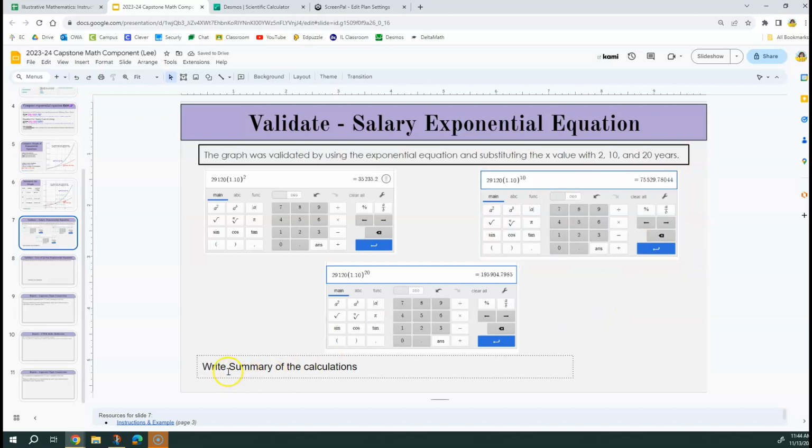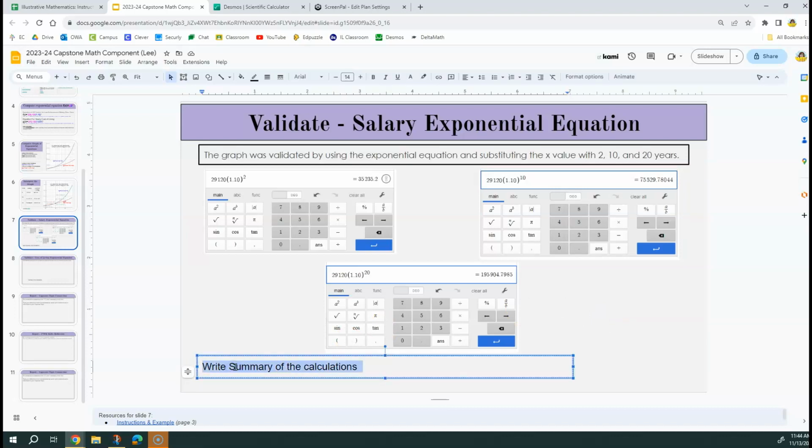Okay. And then down here, for the summary of the calculations, this is just explaining what I did, why I used the numbers that I did.